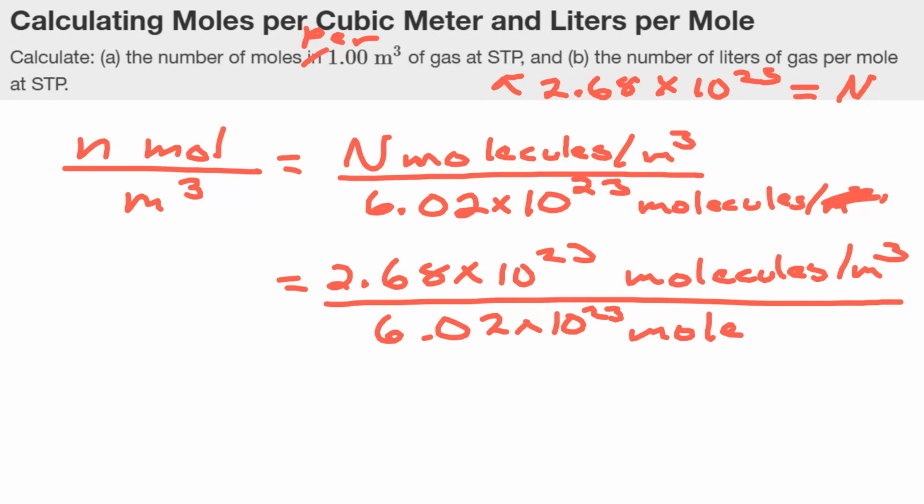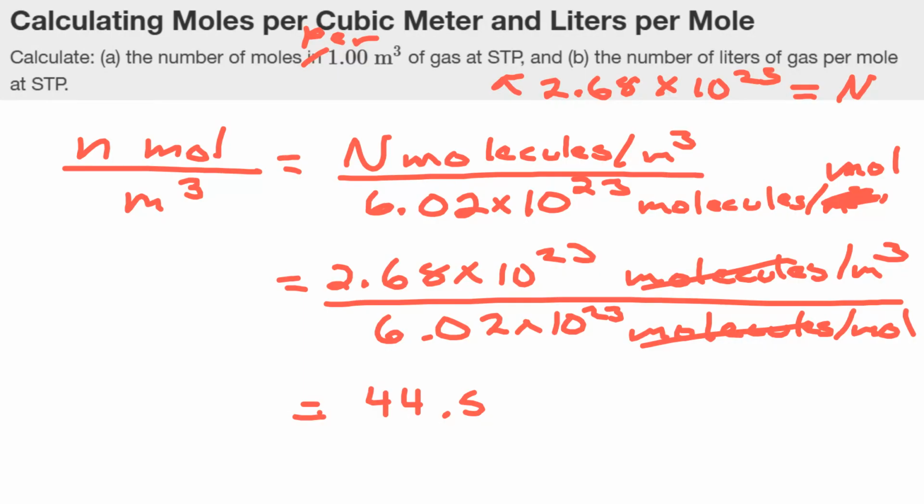Oh, I'm sorry, this is per mole. That wasn't meters cubed. That's molecules per mole in the denominator of the fraction. Okay. And so 10 to the 23 and 10 to the 23 cancel out. If you do the math on this, you're going to get about 44.5. And the molecules will cancel out.